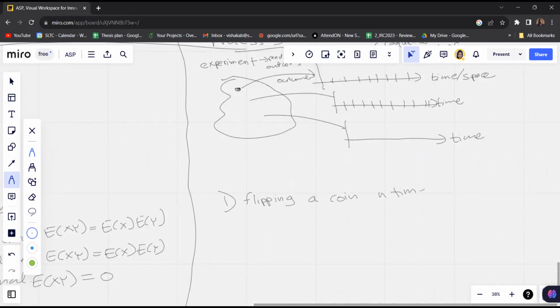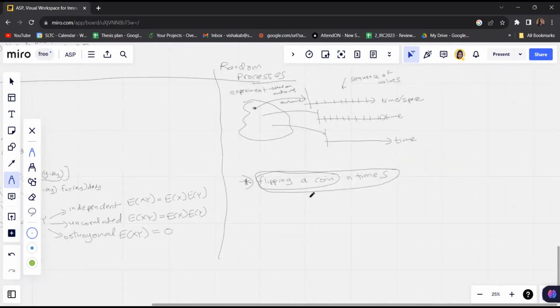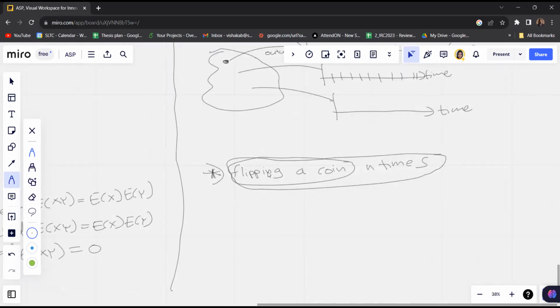In the random variable case, we consider flipping a coin as an experiment. So here, flipping a coin n times is the experiment, and different outcomes can happen in this experiment.